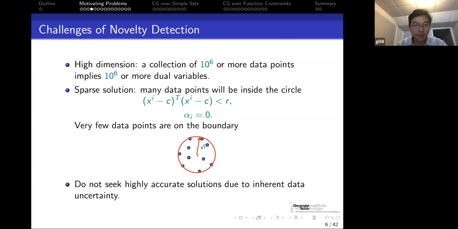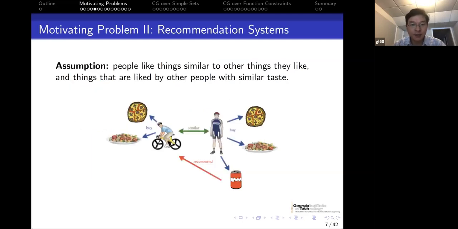The second example is also a popular one. It's called recommendation systems. The basic assumption in recommendation systems is that people will like things similar to other things that they like, or things that are liked by people with a similar taste.